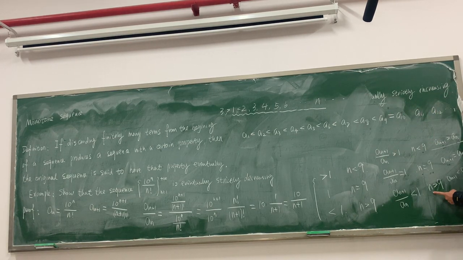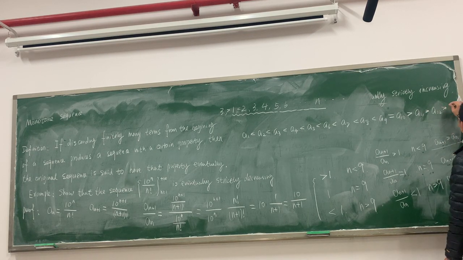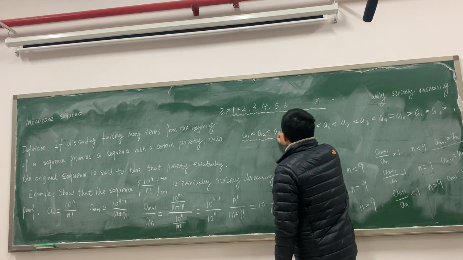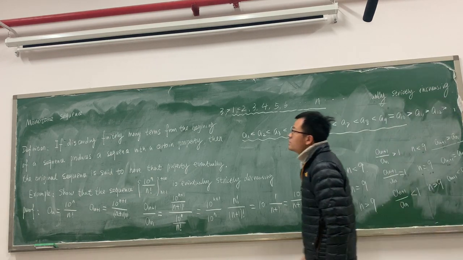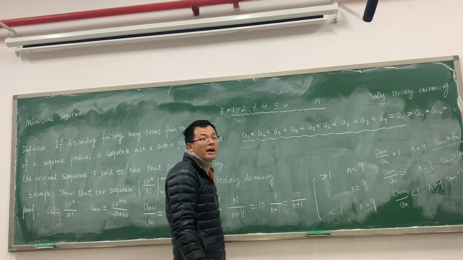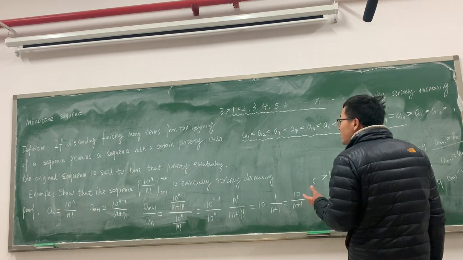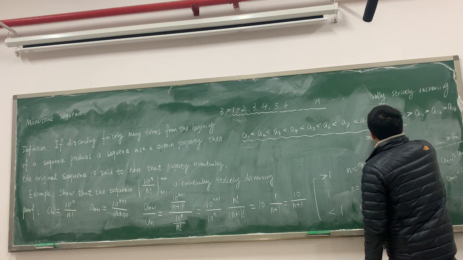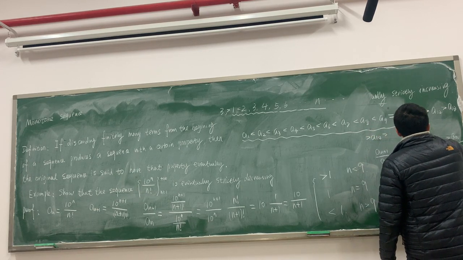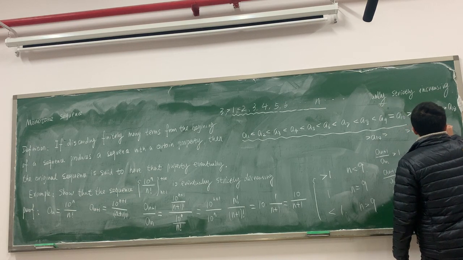And when n is greater than 9, so when n is equal to 10, A10 is greater than A11, which is greater than A12, and so on: A13 greater than A14, and in general A_n greater than A_{n+1}.